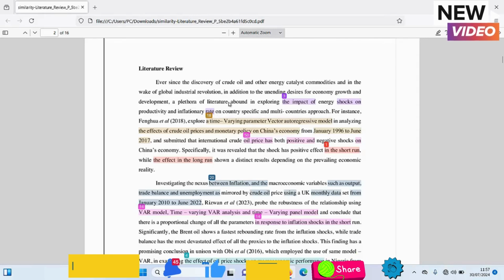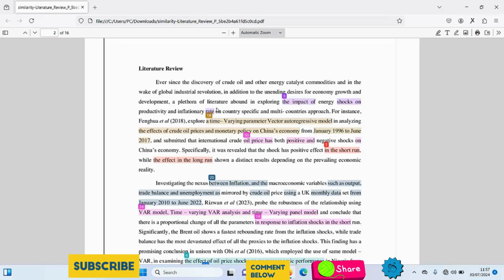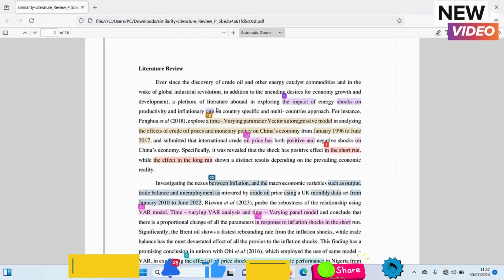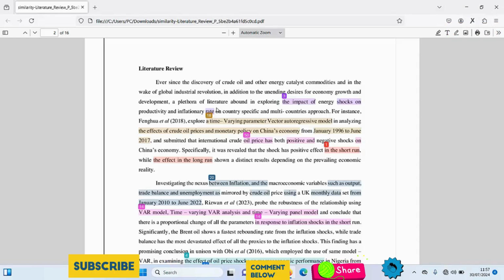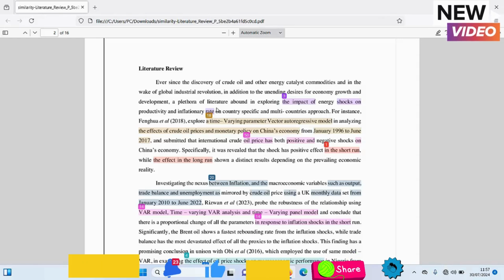A plethora of literature abound in exploring the impact of energy source on productivities and inflationary rates on country-specific and multi-country approach. So you can just paraphrase and say that there are extant literature on the influence of energy source or energy price fluctuation on productivity and inflation.